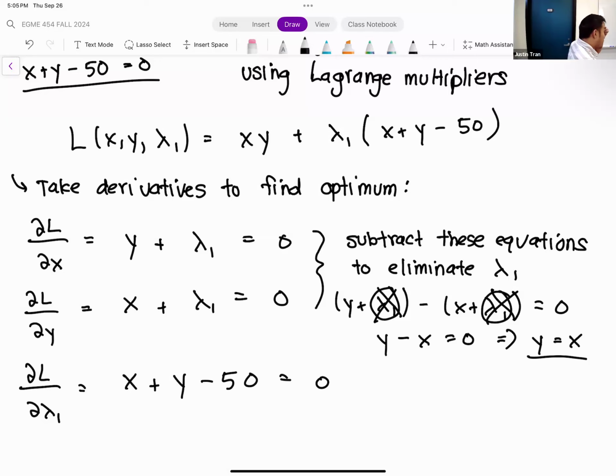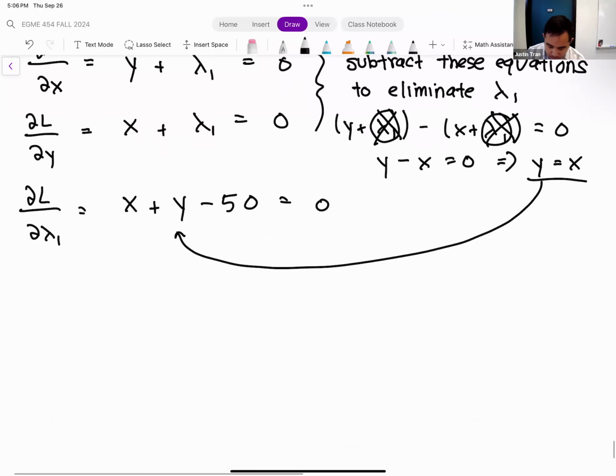And so, if this constraint is binding, then y and x have to have the same value. Let's plug that into our third equation, because our third equation is only a function of x and y. If y is equal to x, let me plug in for y. We have x plus x is 50, so I'm going to move that 50 to the other side of the equation.